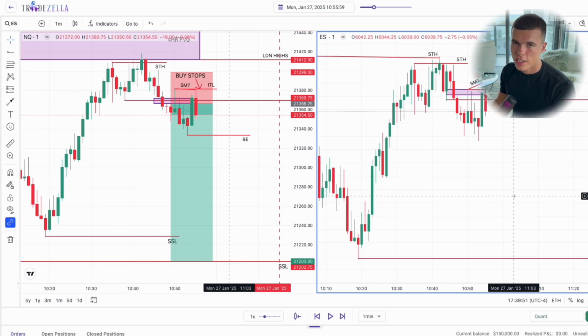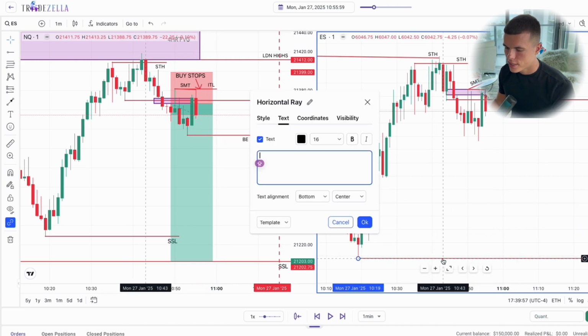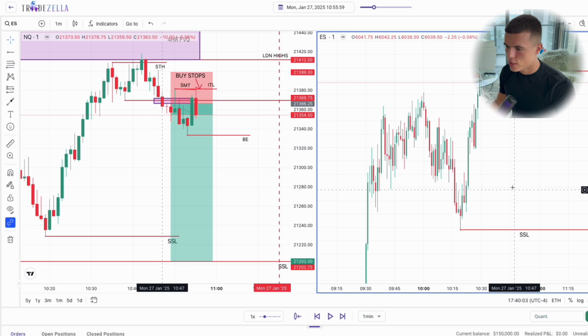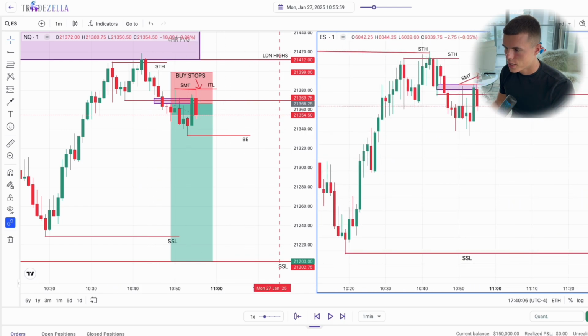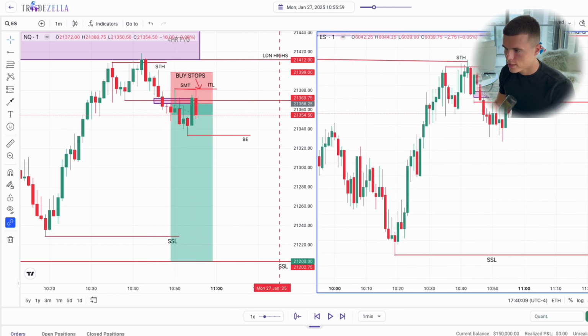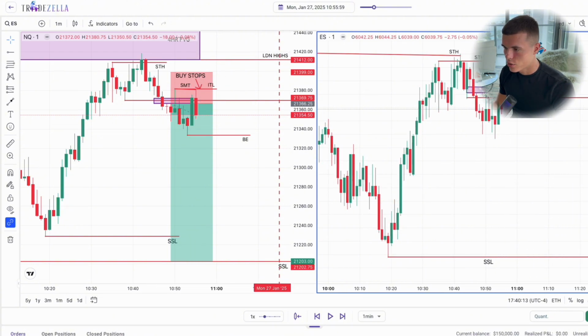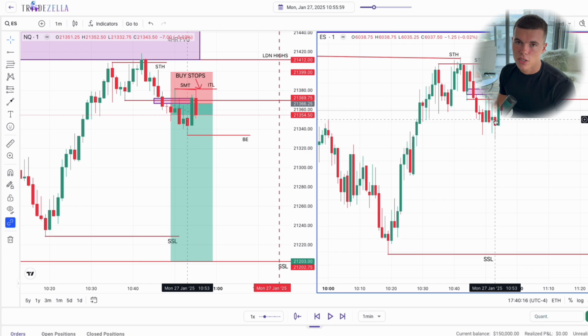So one thing to understand about taking partials and take profit on a trade is that once this point of sell side liquidity has been taken on ES, you're going to want to fully close out of your position, because once ES does take this low, then that's going to be your final TP, for example, taken already on NQ. And ES is the main asset that you look to monitor.